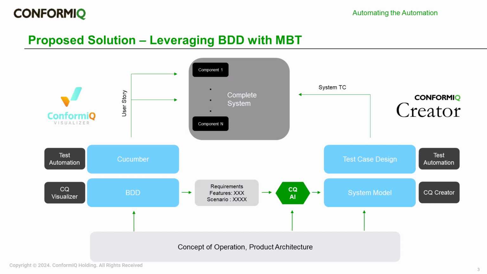By describing all of that into different user stories, into different components, into different feature files, we will import all these files into an end-to-end system model inside ConformIQ Creator. Then, based on this import, we will be able to export all these test cases, create all these test scripts, and execute them directly against your end-to-end environment.